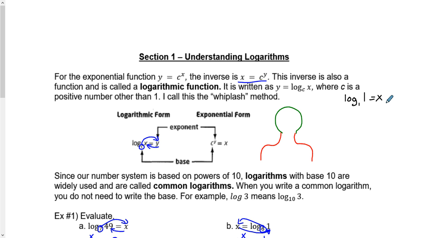So it's just kind of a redundancy. X could actually be anything, which means you have an infinite amount of answers. So that's why I had to put this little stipulation in there.